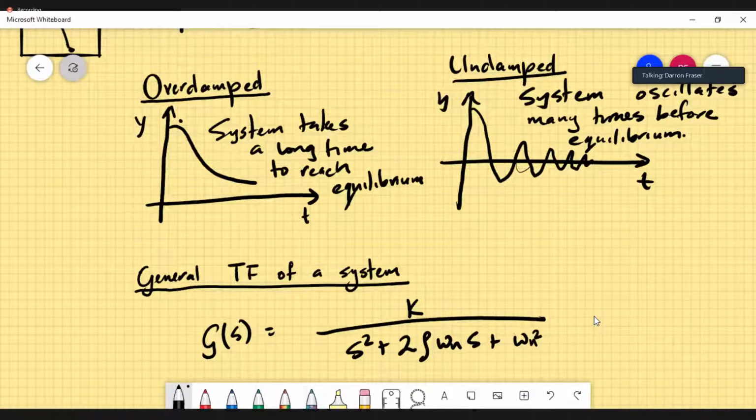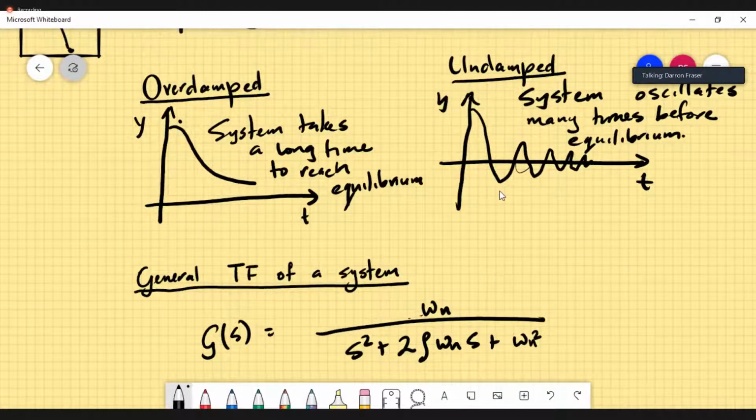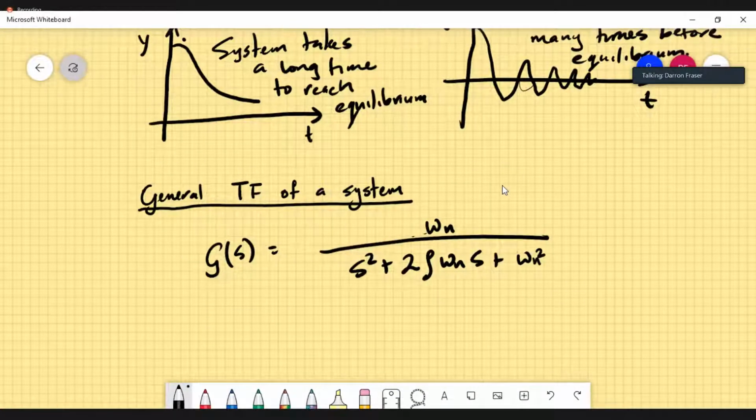I'm going to take out this K, because I don't want it to be confused with the K in the problem. So the general transfer function of this system is given by the second order system. And you will see why it is that we are going to be spending our time talking about second order and first order systems in general.